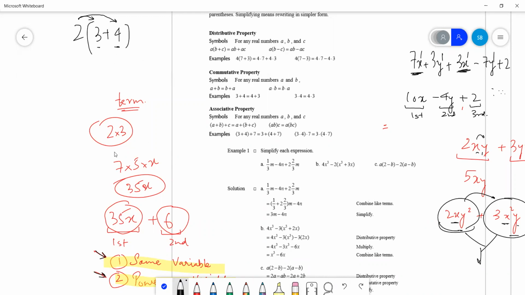So we can write 2 times 3 plus 2 times 4, and we'll still have the answer 14. You can check: 2 times 3 is 6, plus 2 times 4 is 8, and that is 14, right?